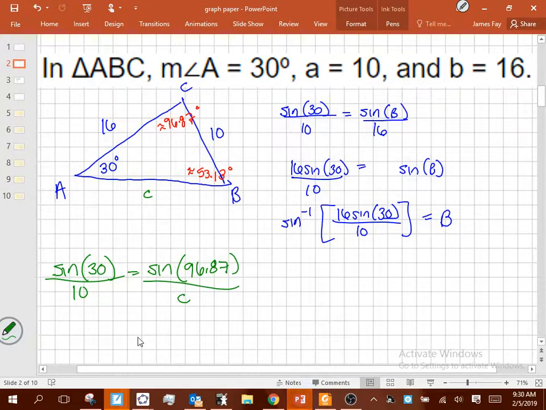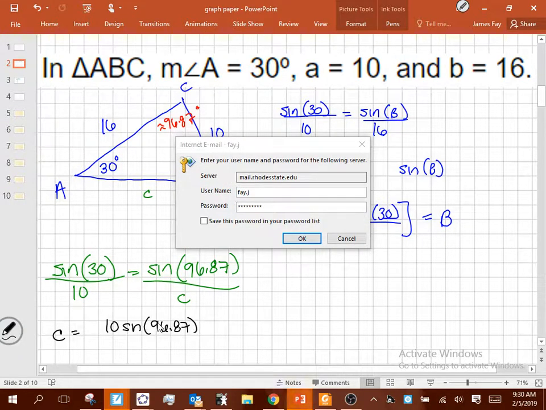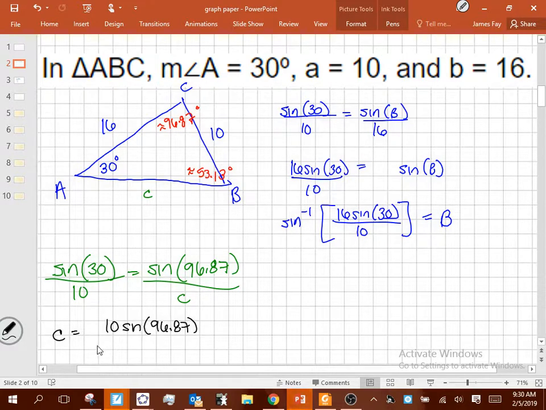Over C. If I cross multiply and solve for C, I think you guys can do this algebra. We would have 10 sine of 96.87 divided by sine of 30, right? Or if you want to use it as a 1/2, that's fine. So we're good there, right? That's going to give me C.